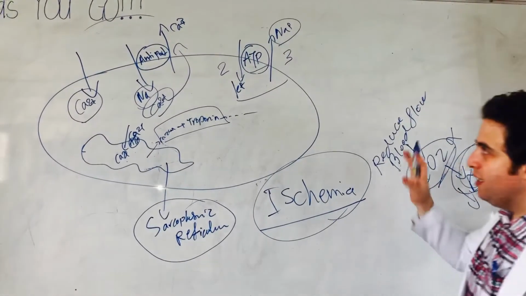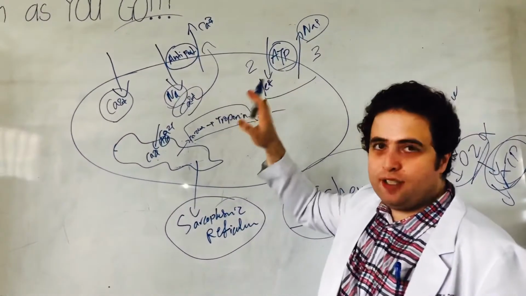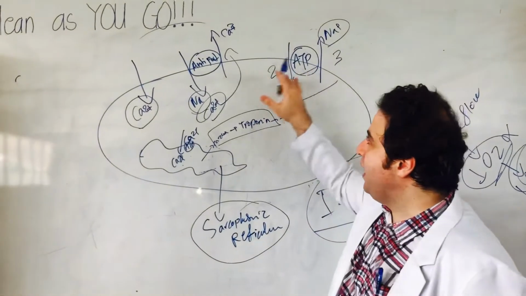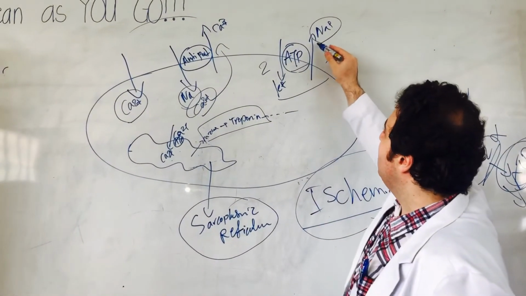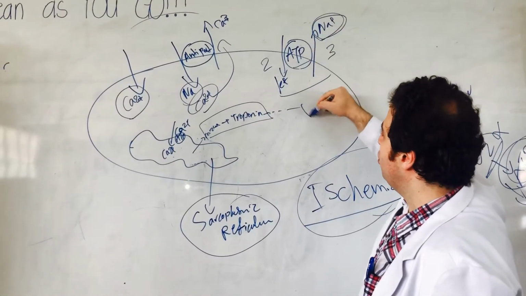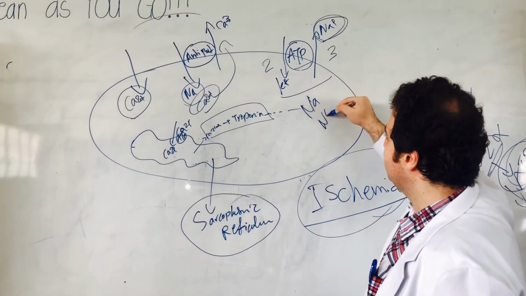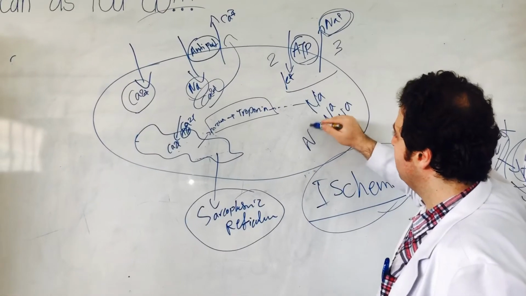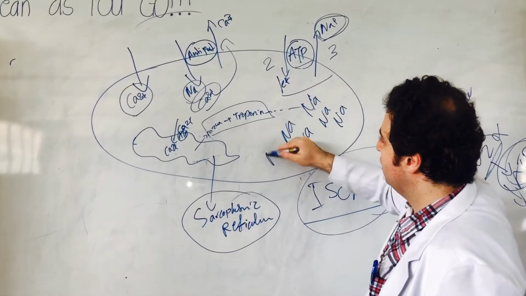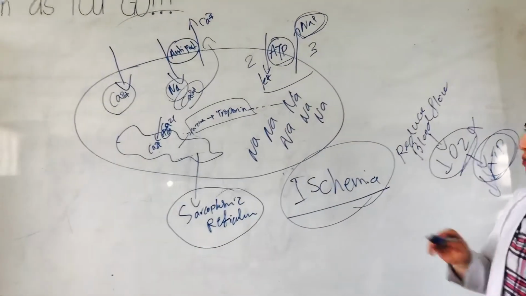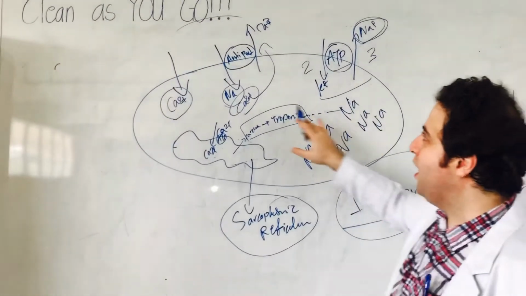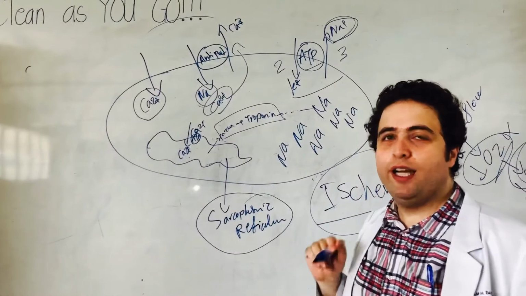But before that, let's say that when it's failed already, when I don't have ATP, what will happen? The sodium cannot go out of the cell, so sodium will accumulate. The sodium will accumulate to the cell. When sodium accumulates to the cell, antiport will not work. Why?